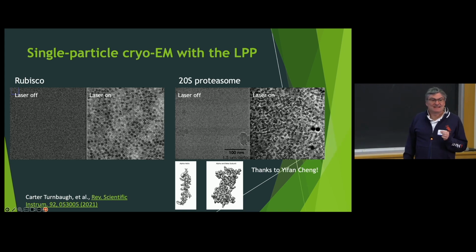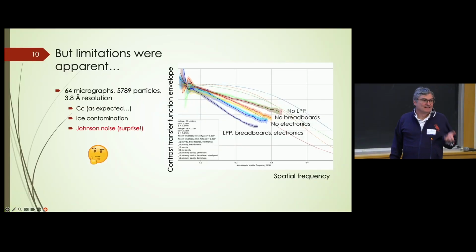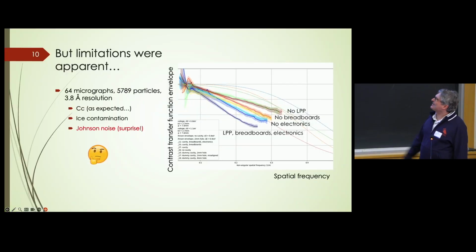Everything seemed nice until we looked a little closer, and we found that there were performance limitations. Some we expected. We did expect chromatic aberration and spherical aberration from those extra lenses to be a limiting factor. But the resolution was much worse than we thought it would be.